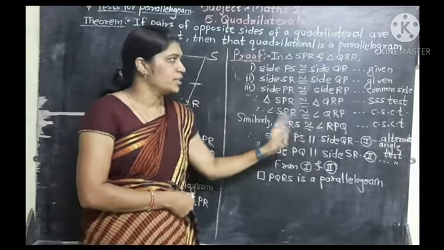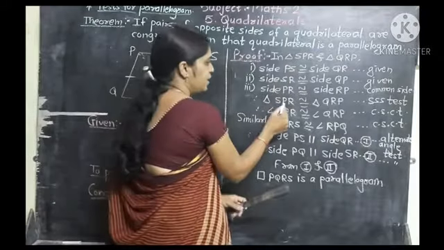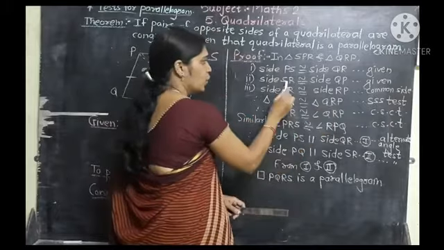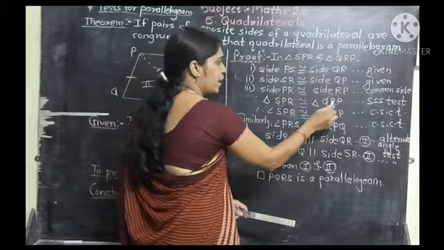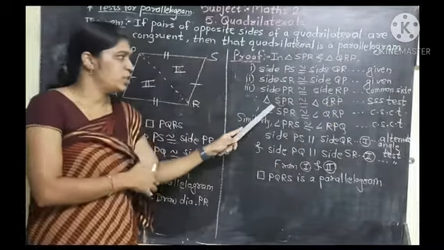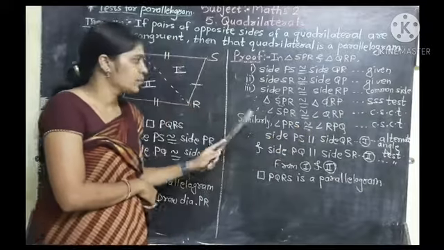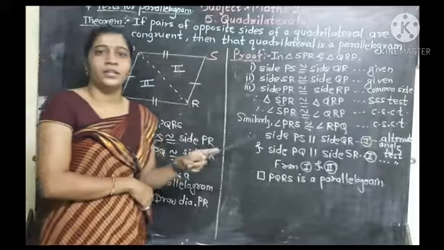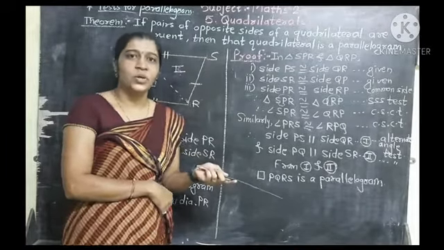We write PS congruent to RQ, SR congruent to QP, and PR congruent to RP. If both triangles are congruent, then their corresponding sides and corresponding angles are also congruent.